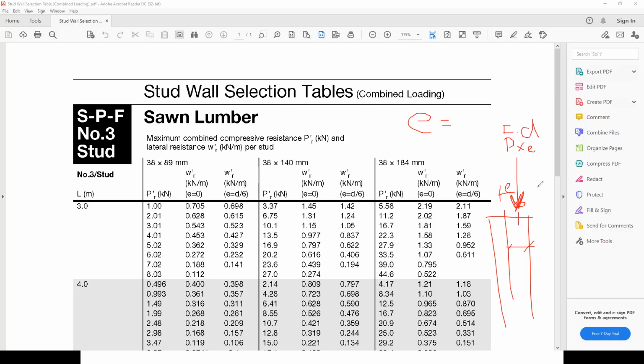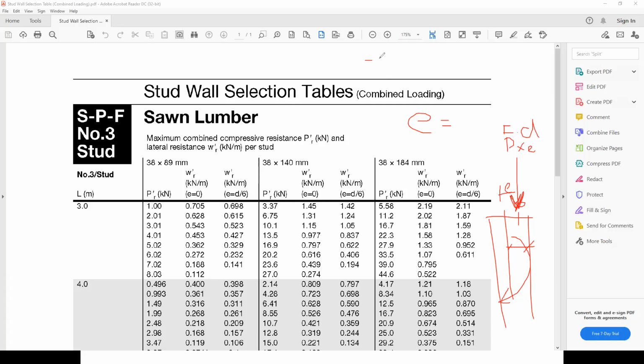What's the result when I take a force and multiply it by a distance? Moment. Exactly. So this will create a moment. This will create an additional moment that you have to compensate for in your member.